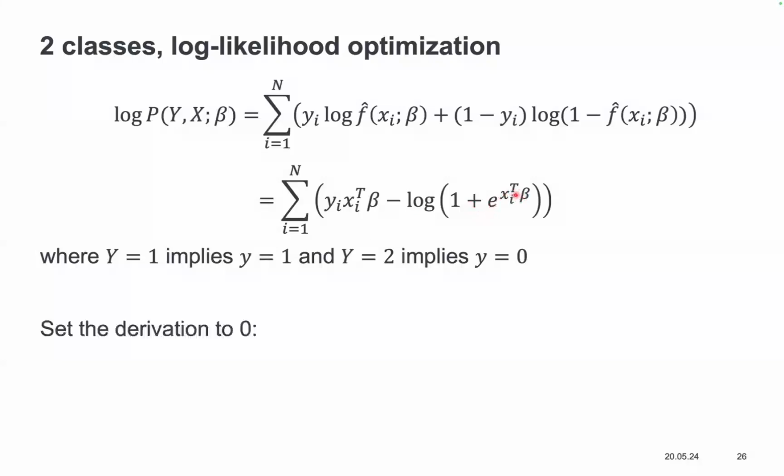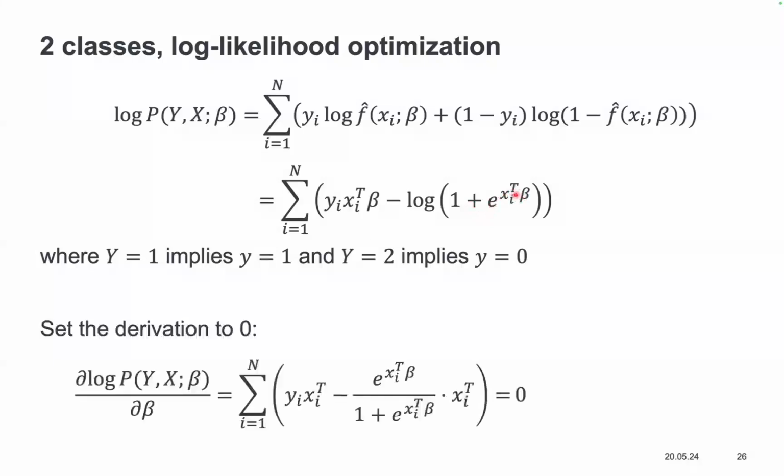Now, can we analytically solve this? Well, we would have to set the derivative to 0. Let's take the derivative of this part, and we want to set it to 0 as we wiggle the weight vector beta. We want to find the weight vector such that this cross entropy is optimal. We go over all our data points, and of course we would have to differentiate with respect to beta. That's very simple for this first component. Simply the beta disappears. That's neat.